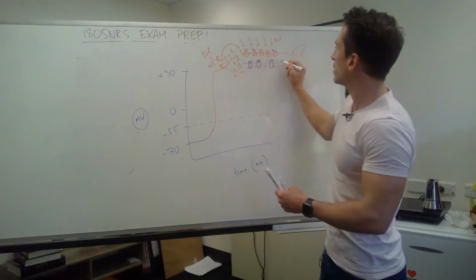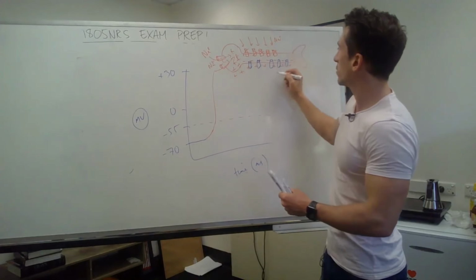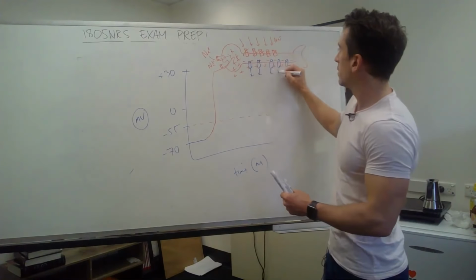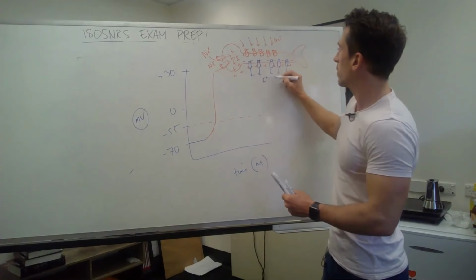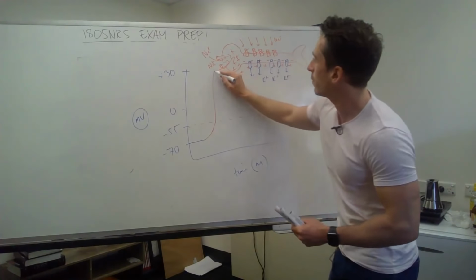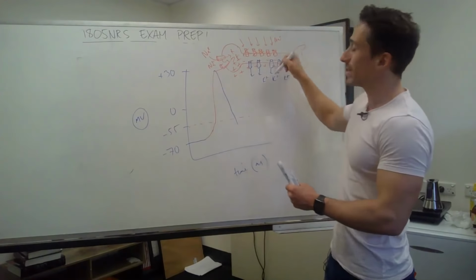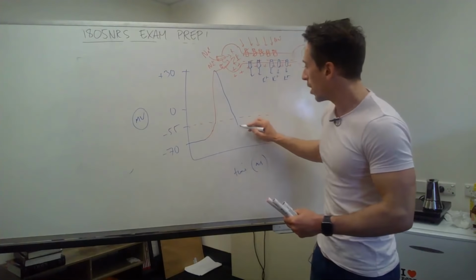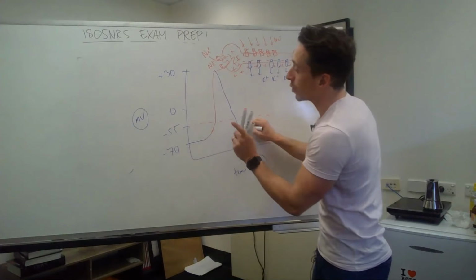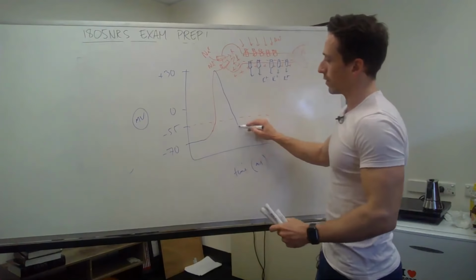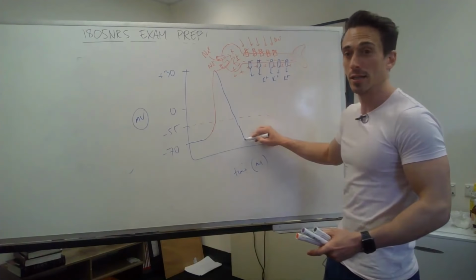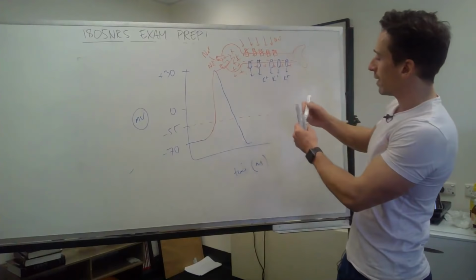Potassium is inside the cell, so if its channels open up, potassium leaks out, taking its positive charge with it. Therefore, this drops back down. So much potassium leaks out that it goes below -55, below the resting membrane potential of -70, down to around -90.